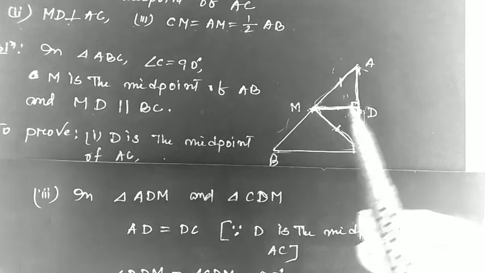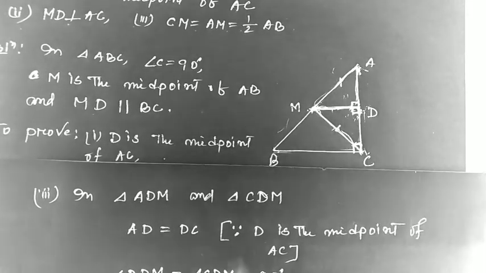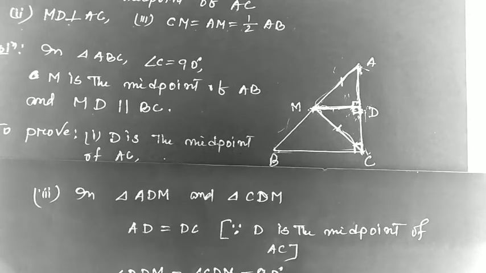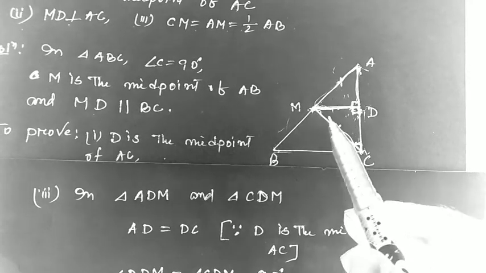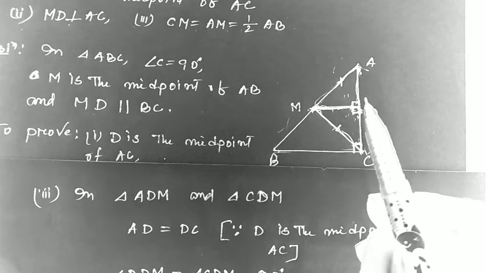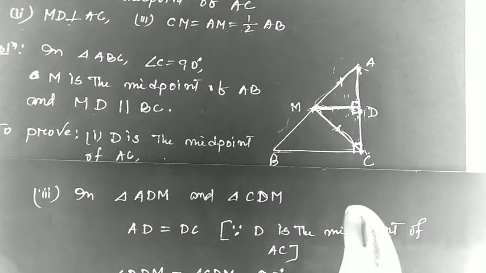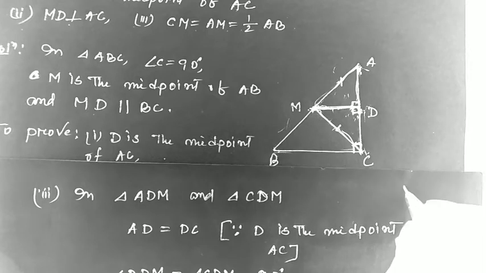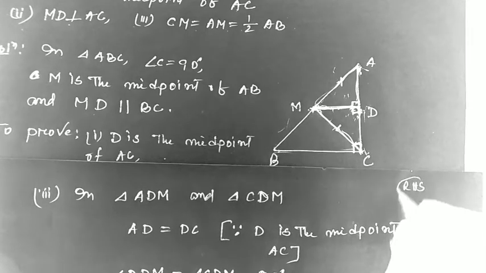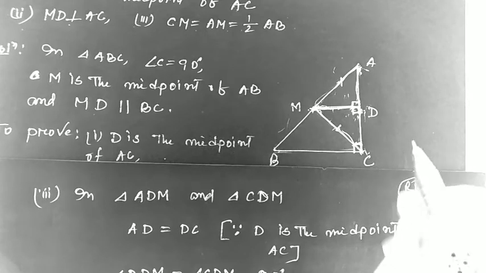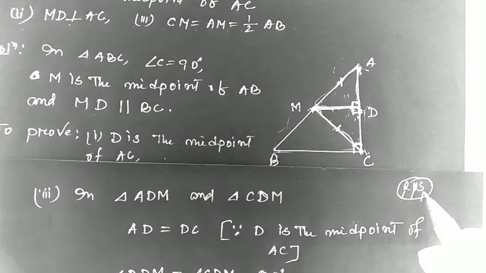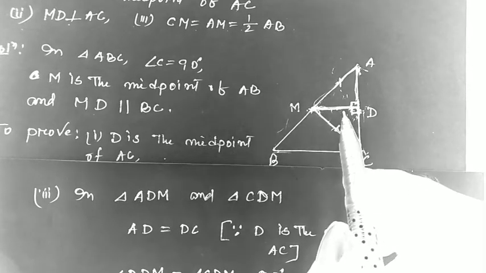So we can say that these two triangles are congruent by what criteria? By side angle side. Although a 90-degree angle has come here, the hypotenuses are not equal. We have not shown the hypotenuses are equal, so we can't say this one is RHS. RHS criteria means right angle, hypotenuse, one side.